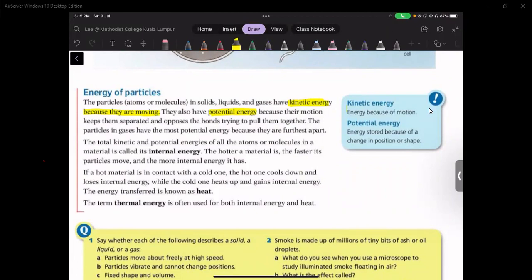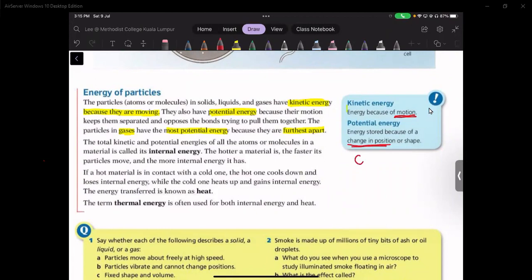Particles in gas have the most potential energy because they are furthest apart. Just a reminder, based on what we've learned before in Unit 1, kinetic energy is the energy because the particle is moving, and potential energy is because of the change in position or shape. So when the particles move apart, there is more potential energy.